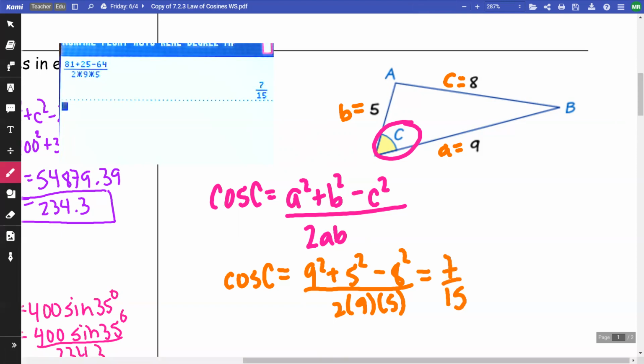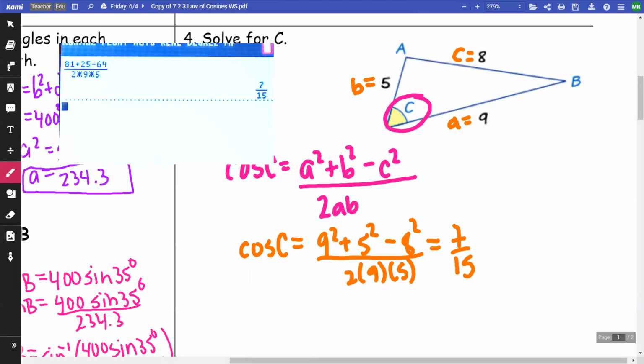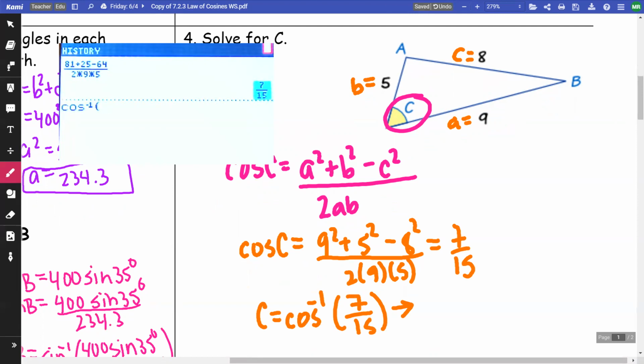Now I don't want cosine C, I want C. So I'm going to do C equals cosine inverse of 7 over 15. And let's see what that gives me. Cosine inverse of 7 over 15, and I get 62.18 degrees.